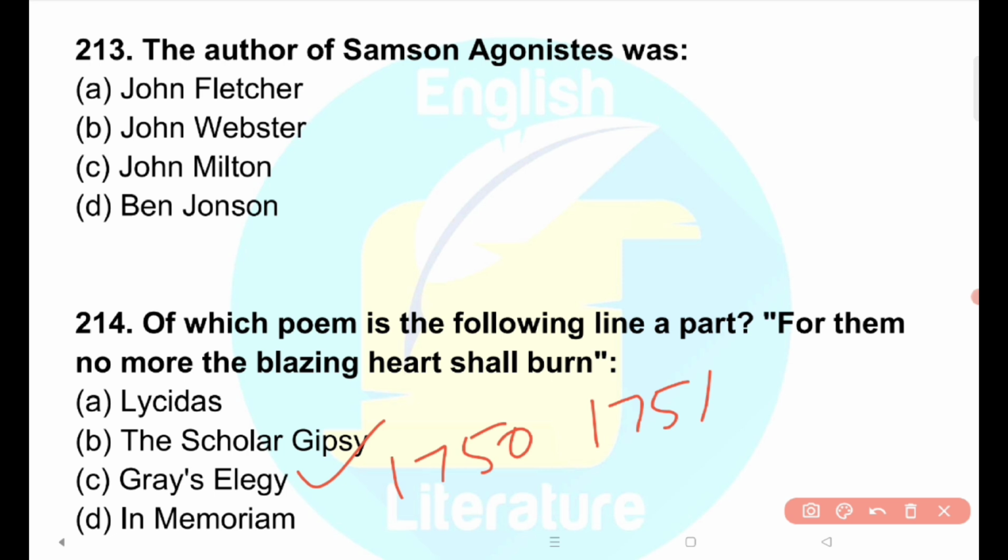It was sent to his friend Horace Walpole. Gray was eventually forced to publish the work on 15th February 1751 in order to preempt a magazine publisher from printing an unlicensed copy of it. This poem is an elegy.